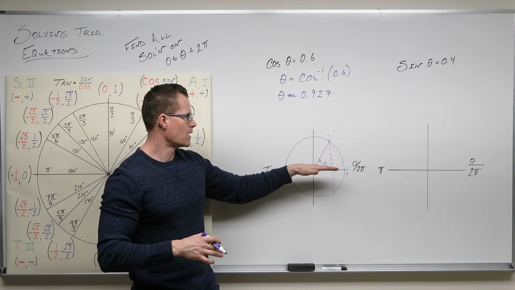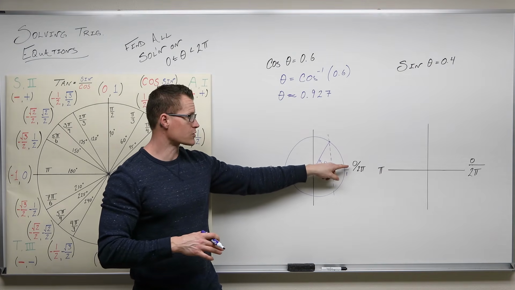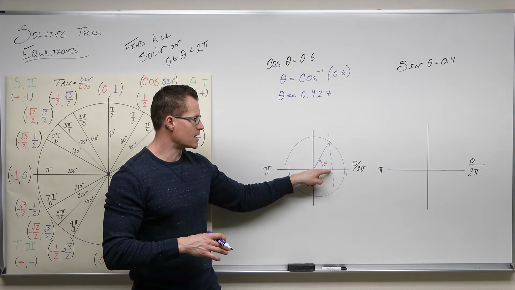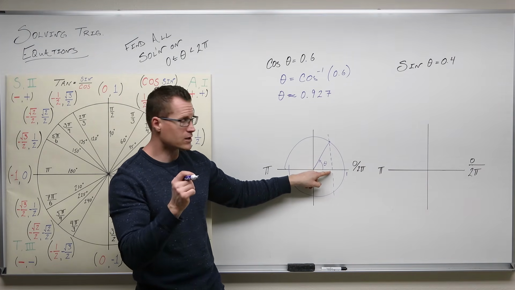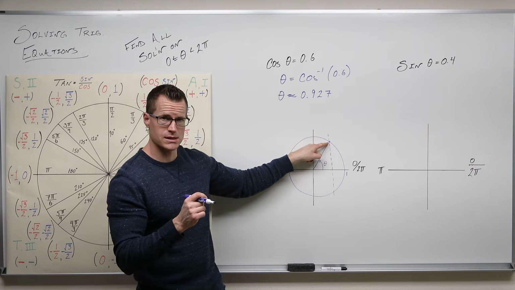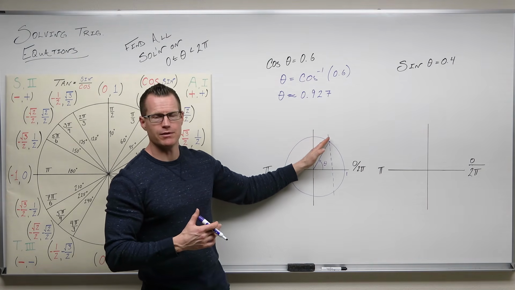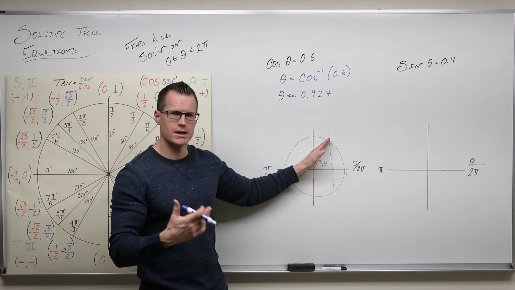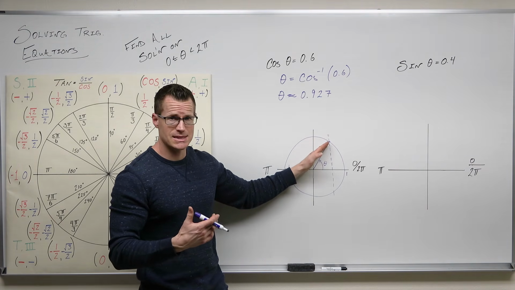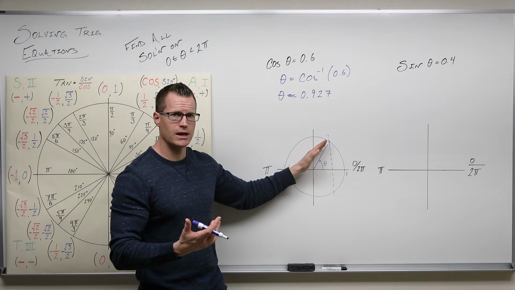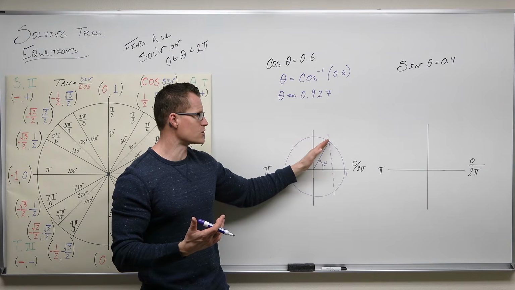This is the biggest thing here: cosine inverse only works from 0 to pi. That's it. It's just going to give you that one angle. This is an x coordinate of 0.6, about. That's the angle they're giving you, 0.927 radians. That's exactly what that is. It's less than 1 radian, less than pi over 2 radians, roughly 0.927 radians.